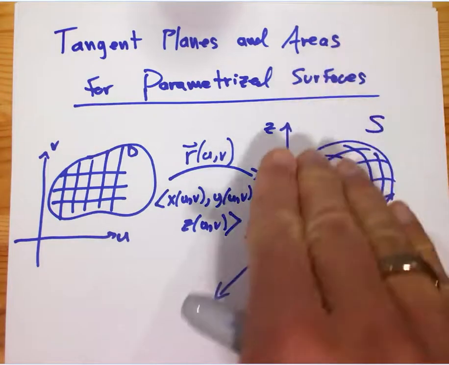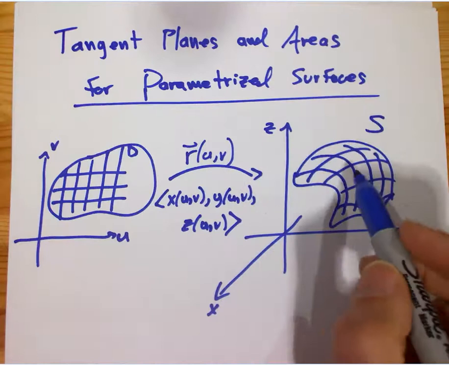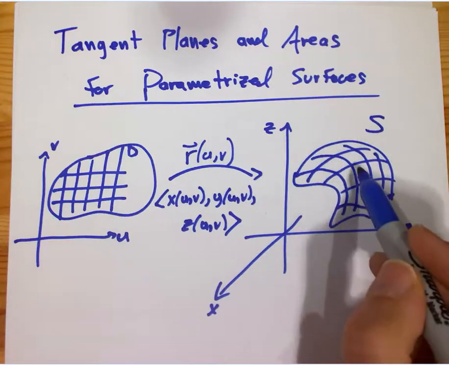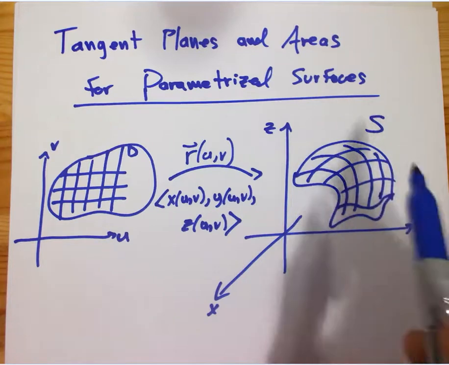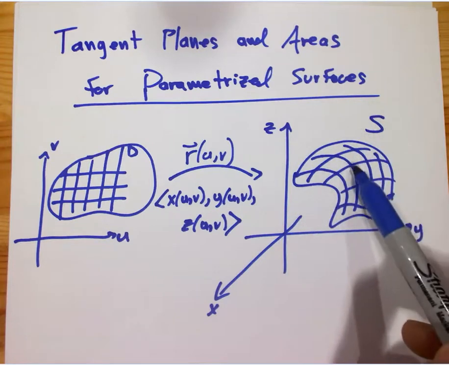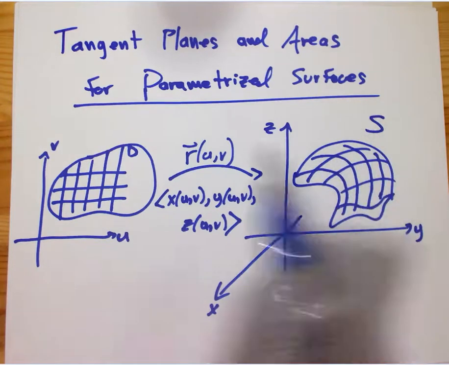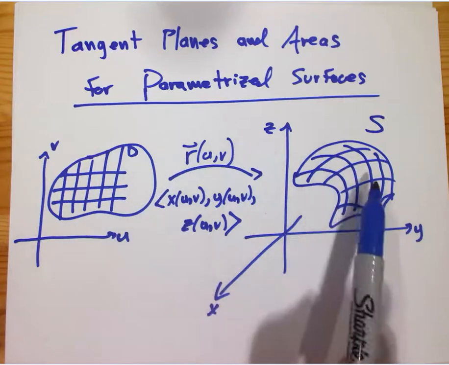Is it more vertical, more horizontal, is it tilted in some way? And how big is the surface? And in fact, how big is any little part of the surface? And that's all about carefully understanding the tangent plane and also how this grid system gets distorted.